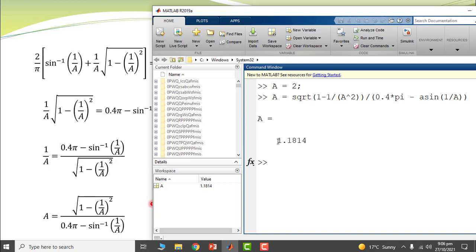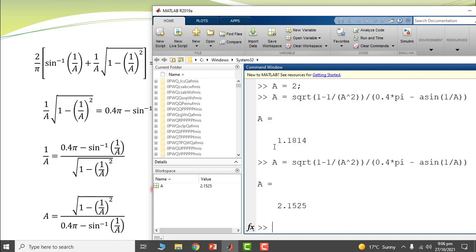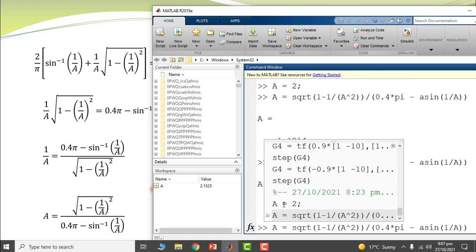And then I again substitute this new value of a into this expression to get another value of a, and I repeat this thing.